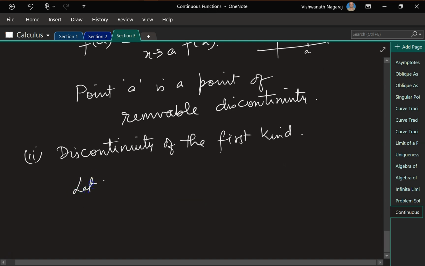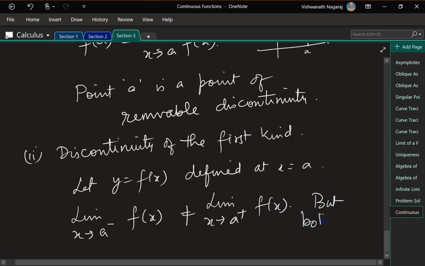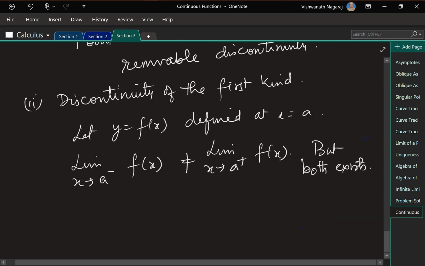So let y is equal to f of x be defined at x equal to a, and the limit as x approaches a from the left hand side of f of x is not equal to the limit as x approaches a from the right hand side, but both exist. They both exist, the only thing is they are not equal.